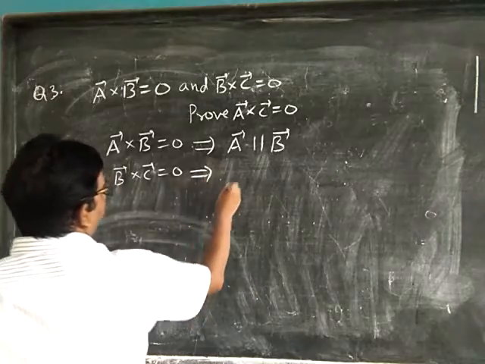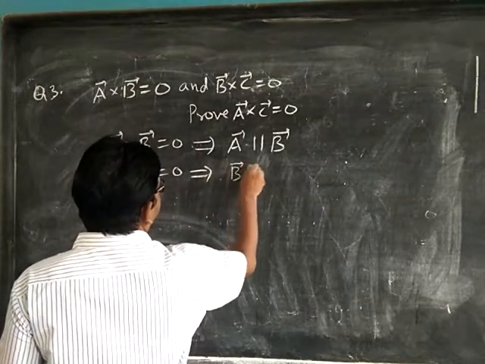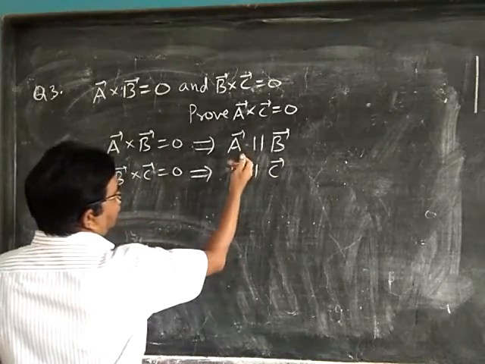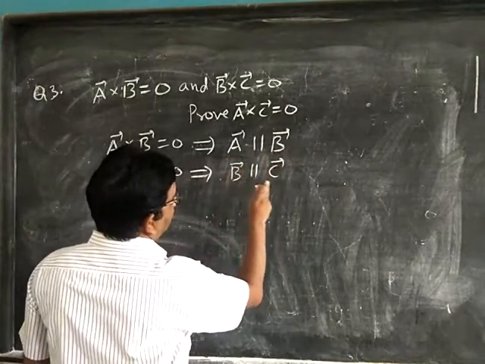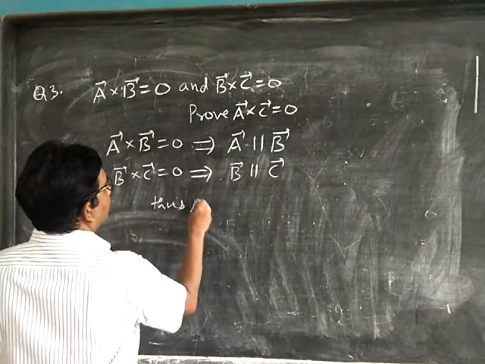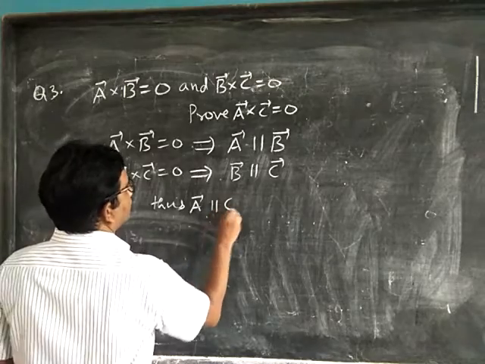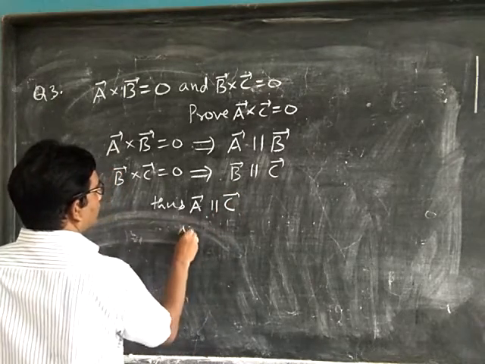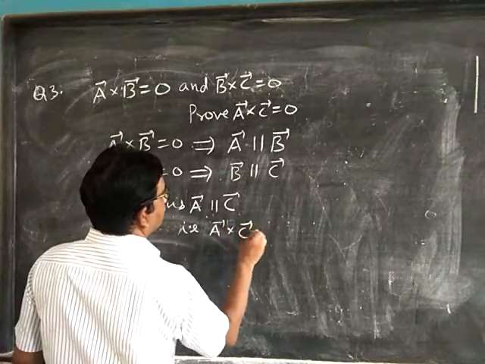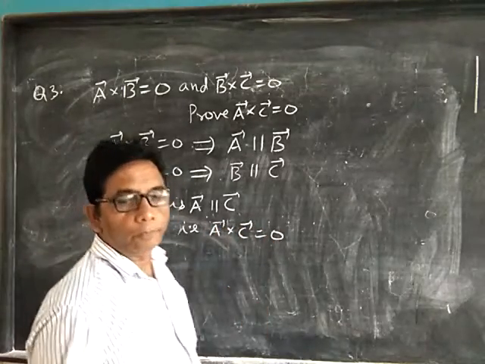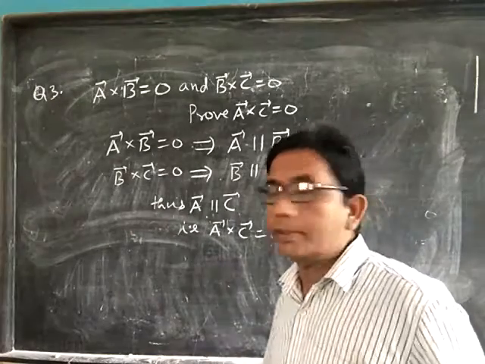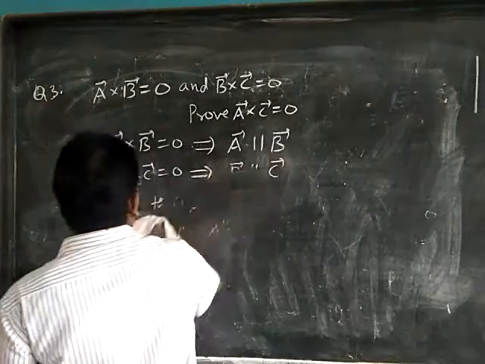This implies vector B is parallel to vector C. From this, vector A is parallel to vector B and vector B is parallel to vector C. Thus, vector A is parallel to vector C. That is, vector A cross vector C is equal to 0. Now we will discuss the next problem.